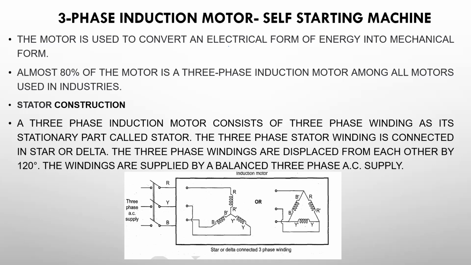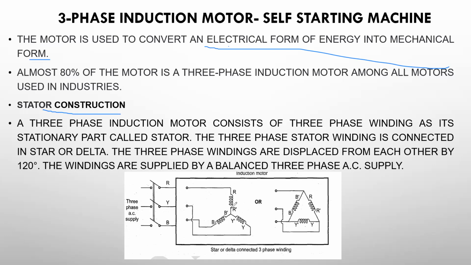Generally, a machine that converts electrical energy into mechanical form is called a motor. And the stator construction: the stator is of two types. One is star connected and another is delta connected.